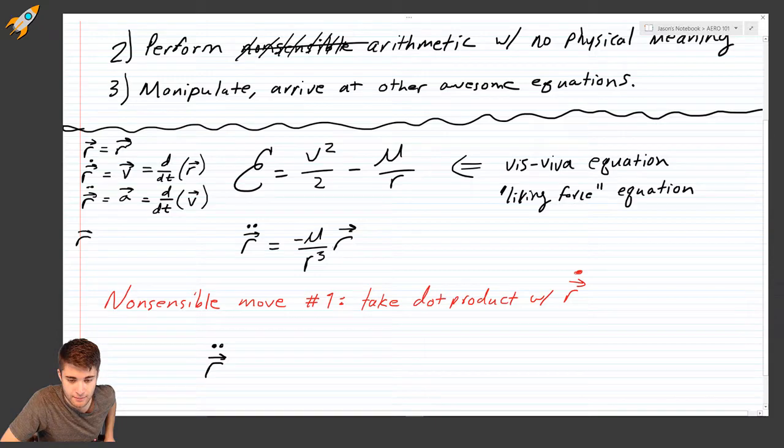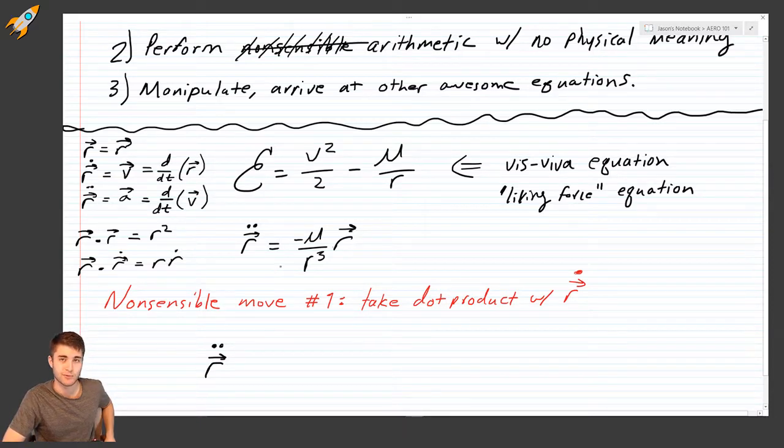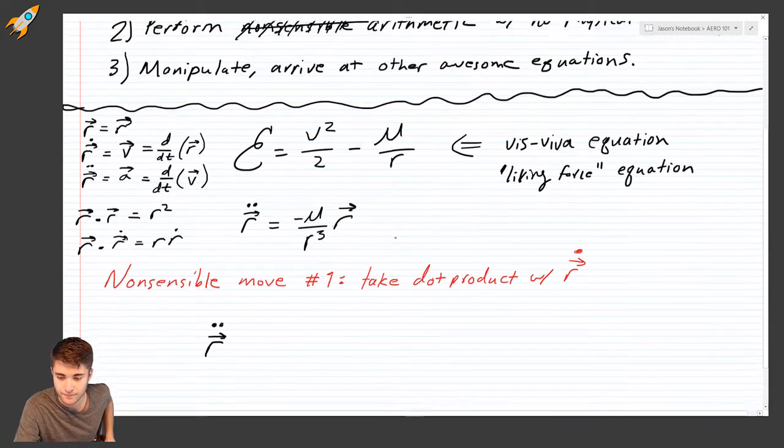We know if we take the dot product of a vector with itself, the response is just r squared. We also know if we take the dot product of the vector and the time derivative of that vector, the response is just the scalar multiplication of the magnitude of the vector and the magnitude of the time derivative of that vector. So these are a few assumptions that we can make through this derivation.